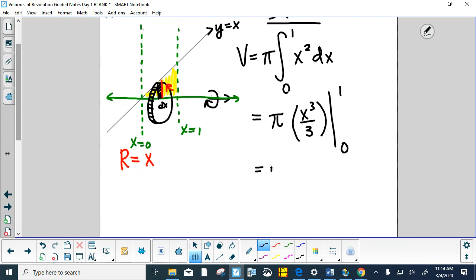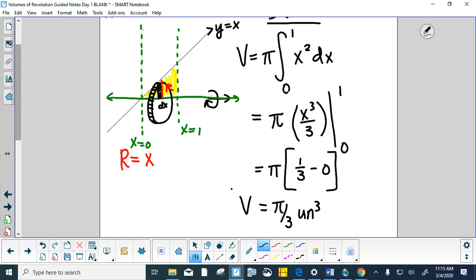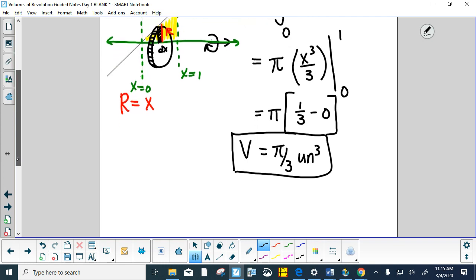And we get pi times, let's use the fundamental theorem of calculus here, 1/3 minus 0, which is just pi over 3 units cubed, because we've moved up from area to volume, so it's cubed there.